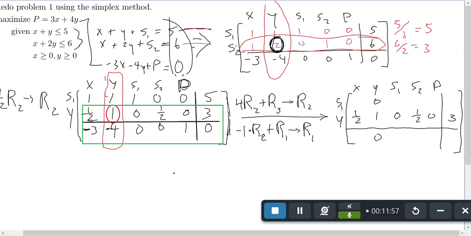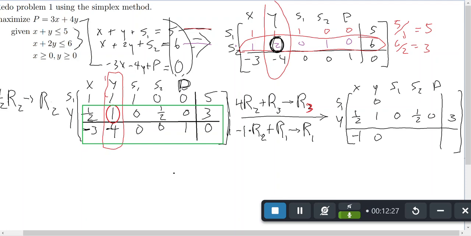So 4 times 1/2 is 2, and plus a -3 gives me a -1 in row 3. I notice I have a mistake here. For some reason I've written row 2 here. Row 3 is the row that's going to be replaced. So that's what I'm doing. Okay.